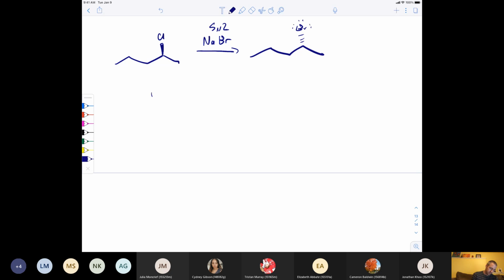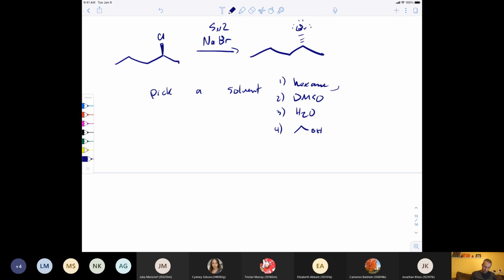Pick a solvent. We'll go with hexane, DMSO, water, ethanol. So that might be an example of a question. What would be a good solvent here?